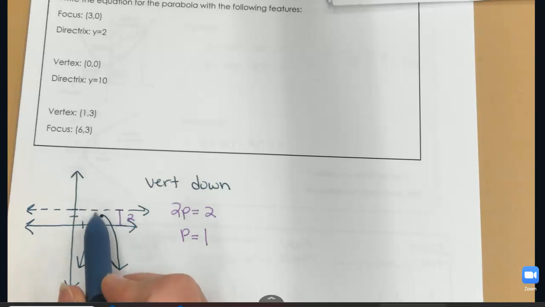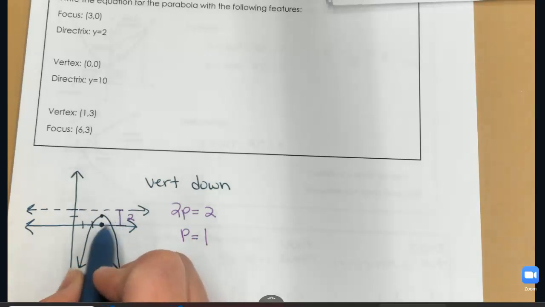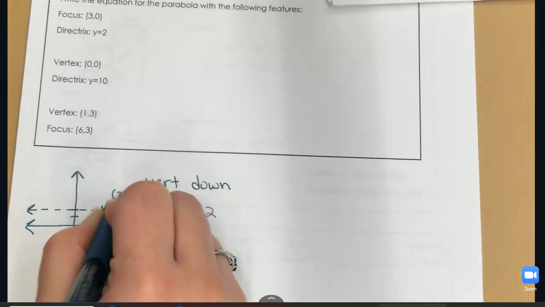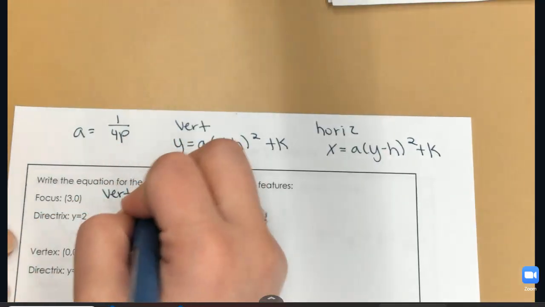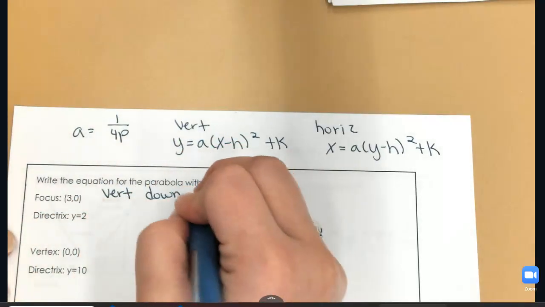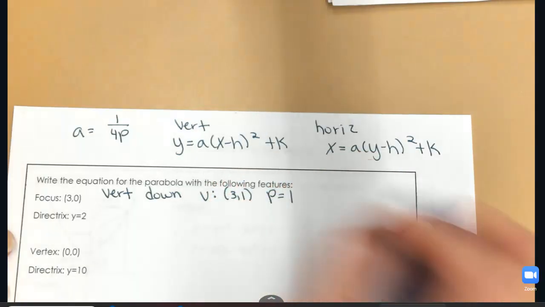Well, the vertex is this halfway point between the focus and the directrix. So if this total distance is 2, if I go up 1, that puts me at the point 3, 1. So the vertex is at 3, 1 and p is equal to 1.